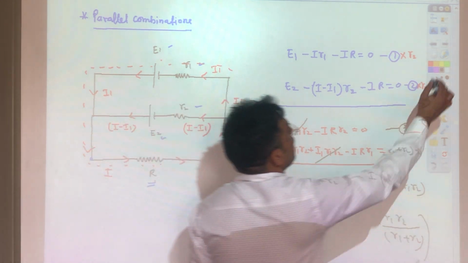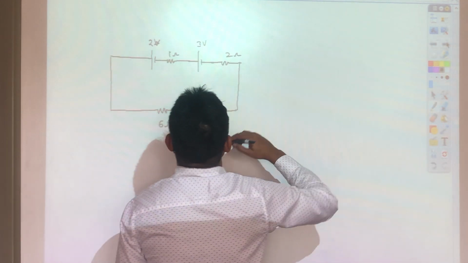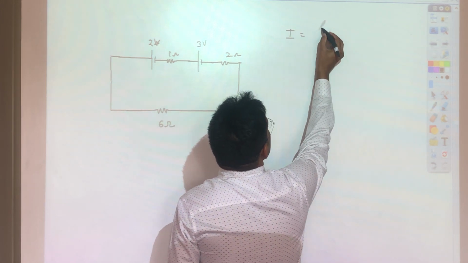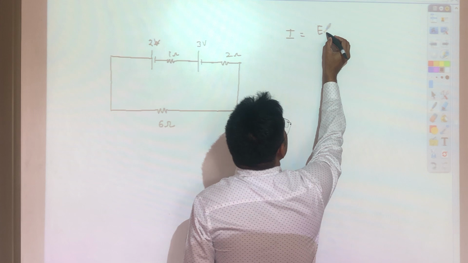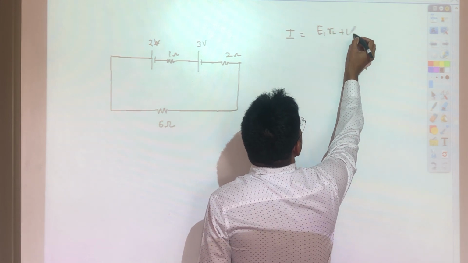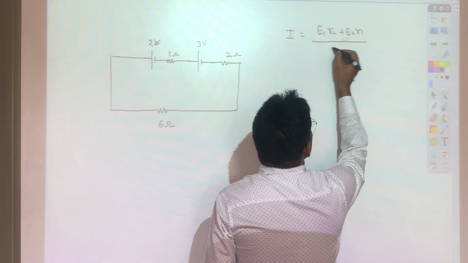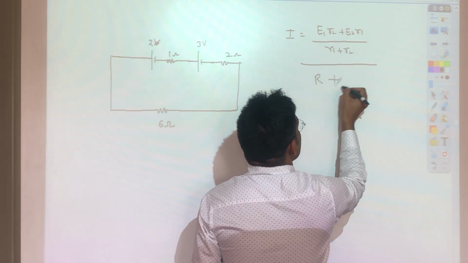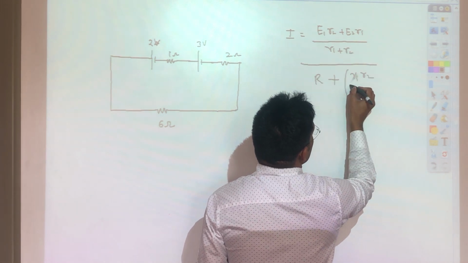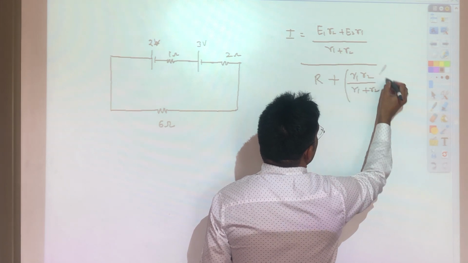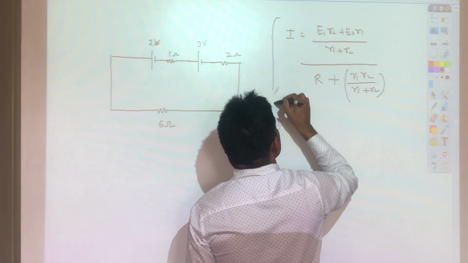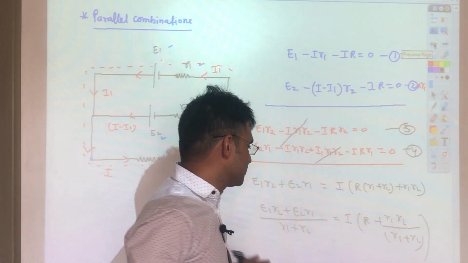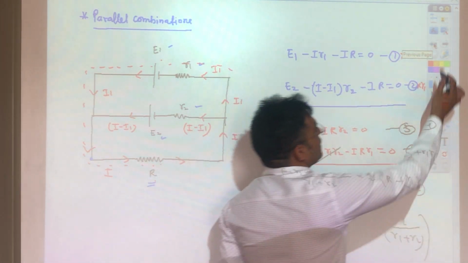Now, if I write this one this way, I is equal to E1 R2 plus E2 R1 divided by R1 plus R2, divided by R plus R1 R2 divided by R1 plus R2. What I did is nothing, I just divided, taking this term to the left side.